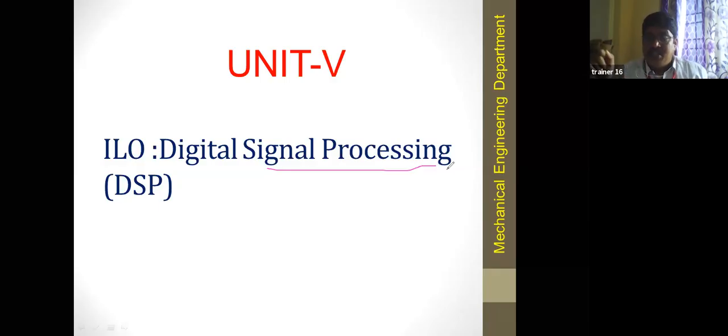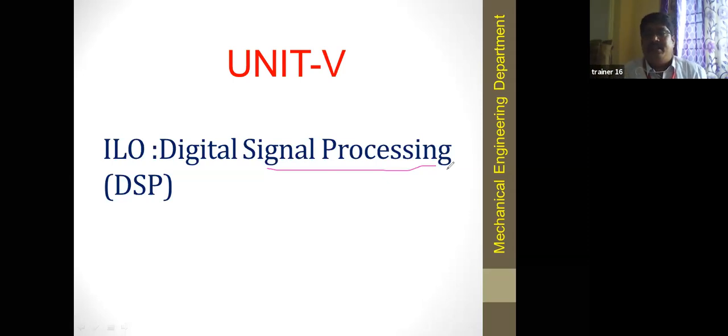In the signal conditioning, amplifiers, filters, and attenuators are there, components which reduce the error and make the signal correct. And then the ADC and DAC. What is ADC? Analog to digital conversion, according to our requirement.